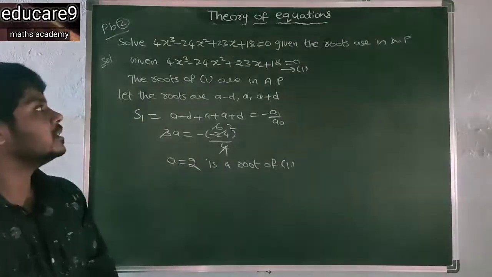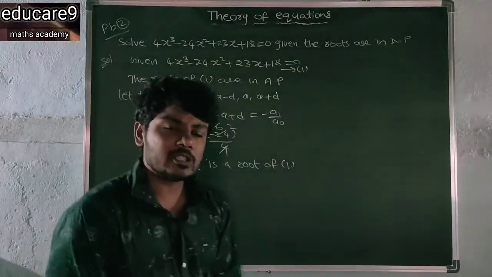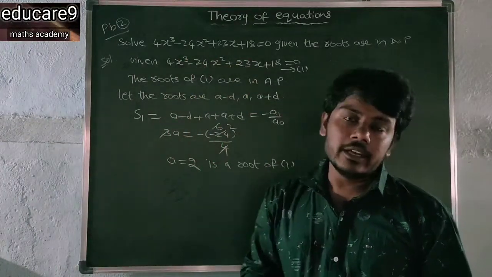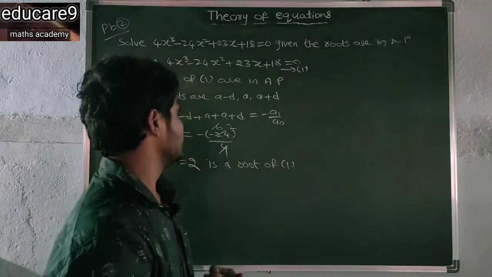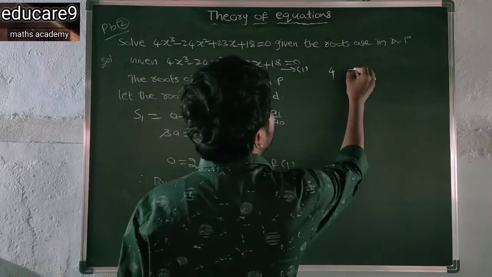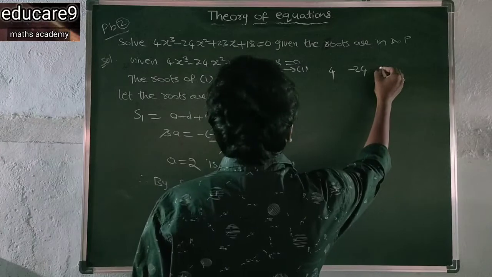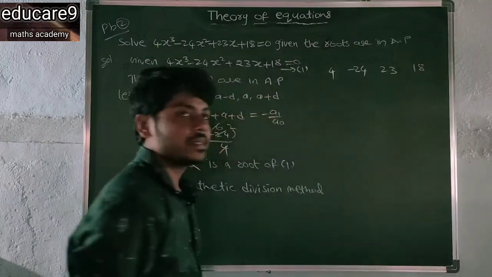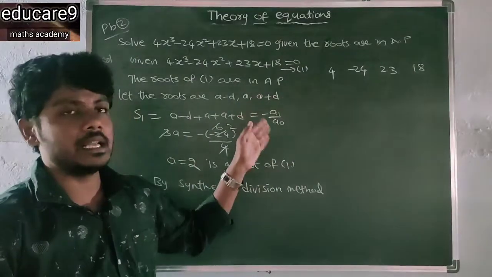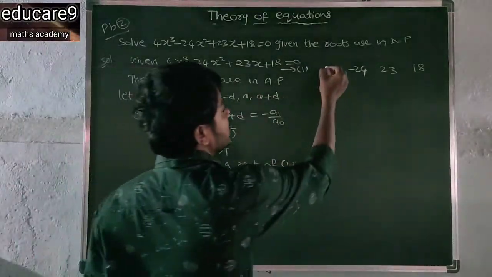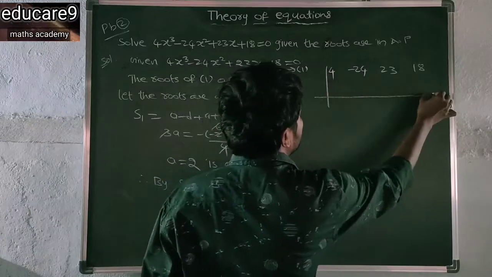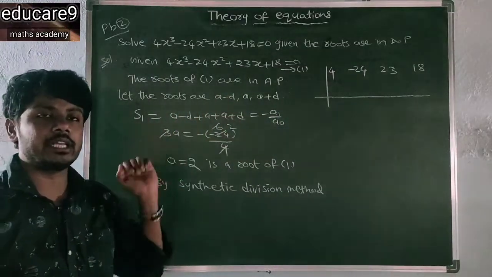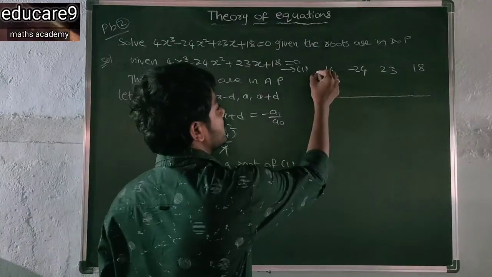See that method? In this method, first we have to write the coefficients of the algebraic terms in decreasing order: 4, minus 24, 23 and 18, and draw the horizontal and vertical lines, and write this root to the left of the vertical line, that is 2.